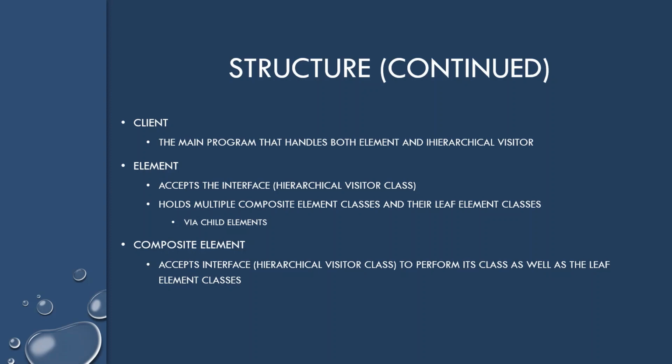Next class, composite element, which accepts the interface, otherwise known as the hierarchical visitor class, to perform its operations, as well as those of the leaf element class. Once again, leaf element classes are otherwise known as child nodes or child classes.